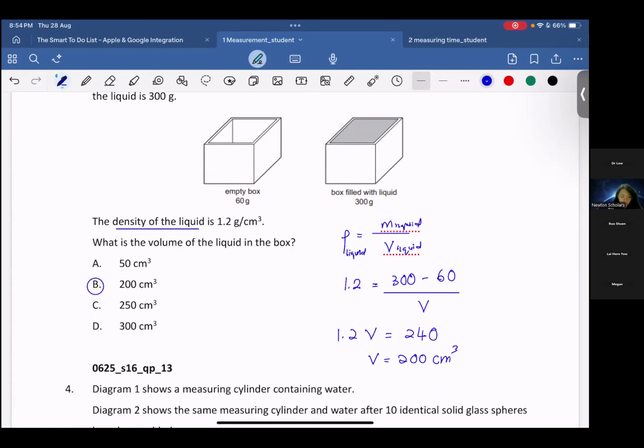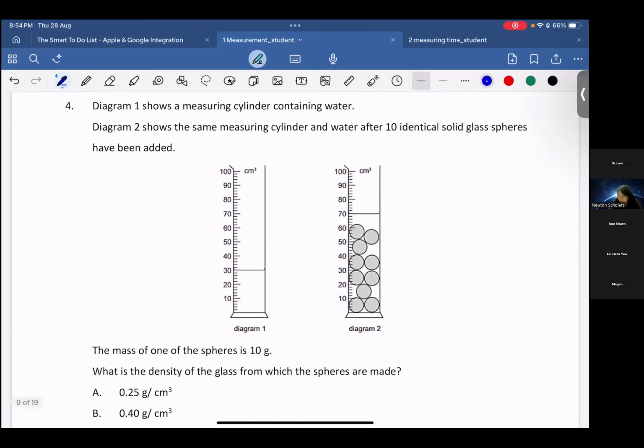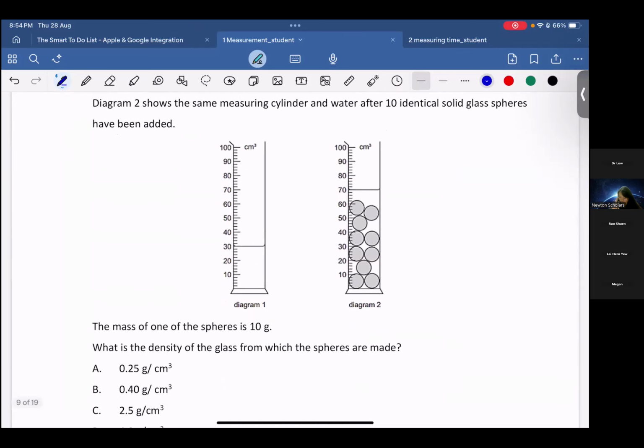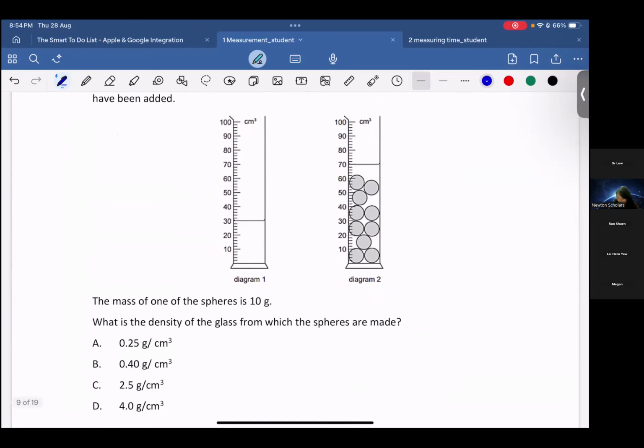Then, boys and girls, you try question number 4. We have a measuring cylinder containing water. It shows the same measuring cylinder and the water after 10 identical solid glass spheres have been added in. The mass of one sphere is 10 gram. What is the density of the glass from which the spheres are made?